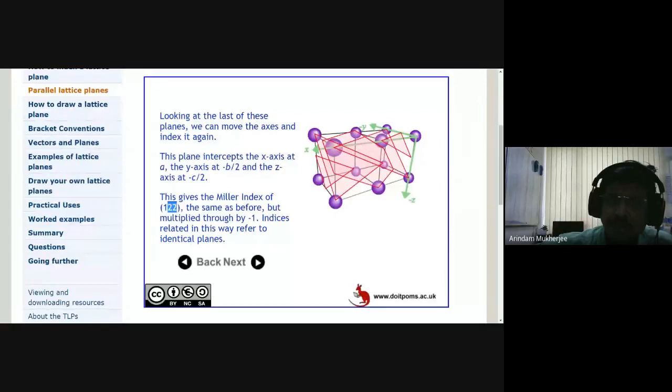So since you now know the rules, if somebody has found in a structure 1 bar 2 2 and your result is 1 2 2 bar, you don't get frustrated anymore. You know that we have just found two parallel planes. It's the same plane, two parallel ones lying at different portions of the lattice, depending on where we started the origin.